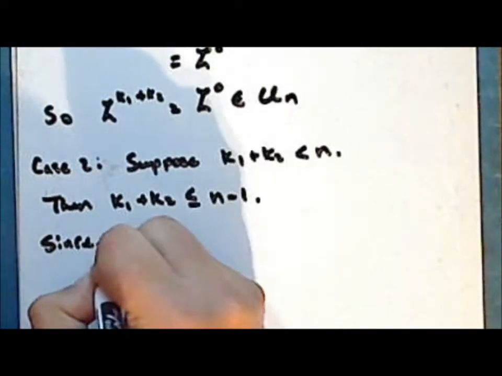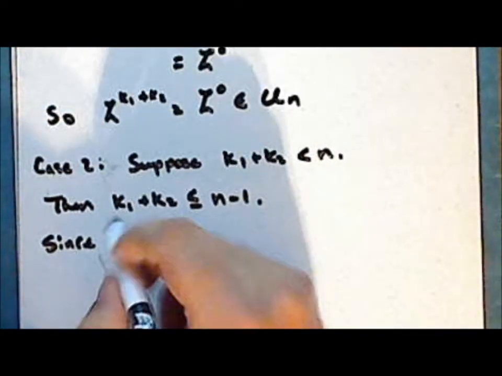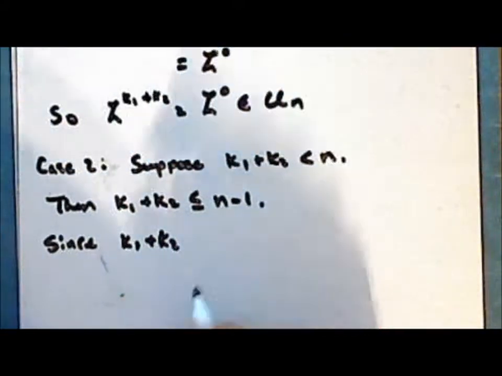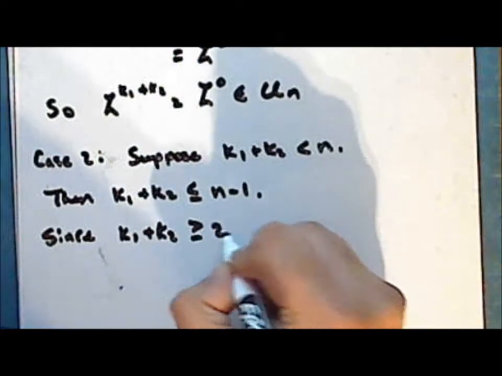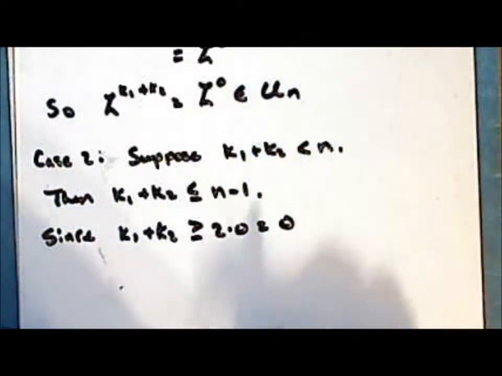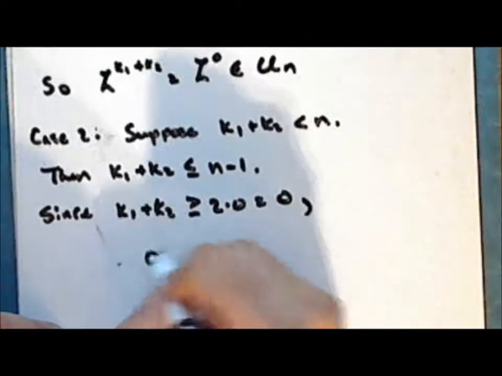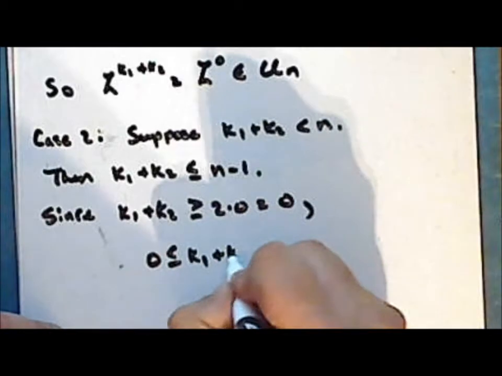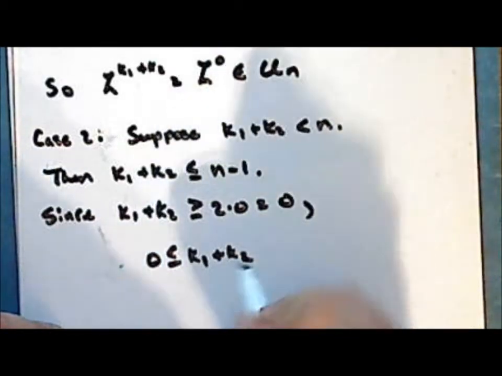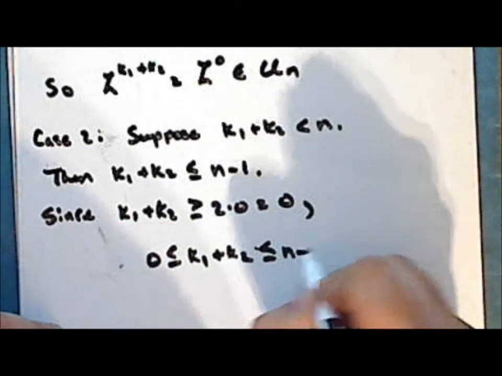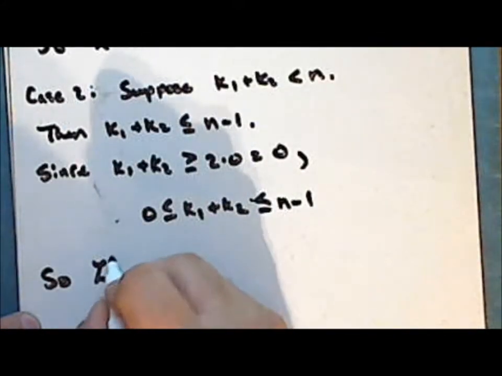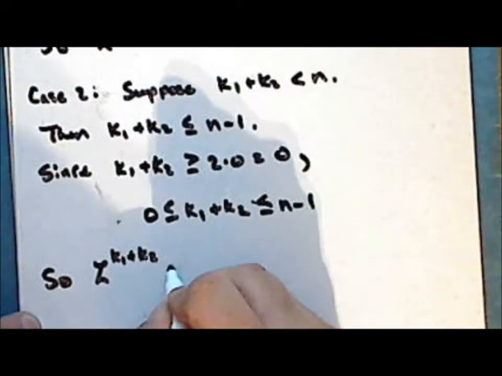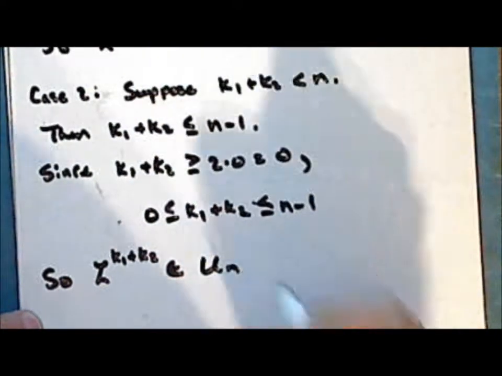Now, since the sum k1 plus k2 is the sum of two integers ranging from 0 to n minus 1, their sum must be at least twice the smallest, which is 0. And so we have that k1 plus k2 is greater than or equal to 0 and less than or equal to n minus 1. And so zeta to the power of k1 plus k2 is an element in the set u sub n.